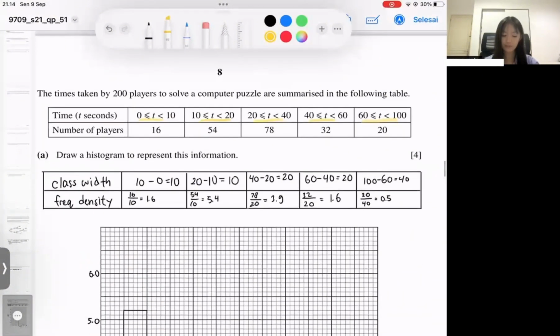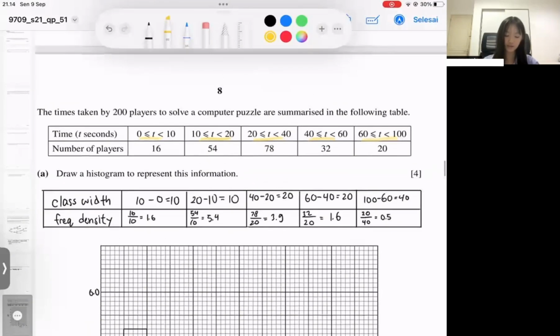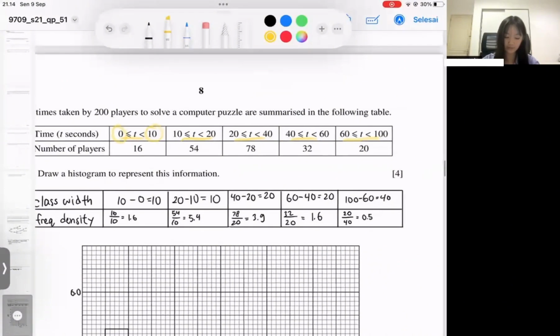In order to make a frequency density graph, you need to first find the class width. So the class width is just the largest number minus the smallest number. So we have 10, 10, 20, 20, 40. As you can see, the width of each range is different. Therefore, we are using a frequency density graph.